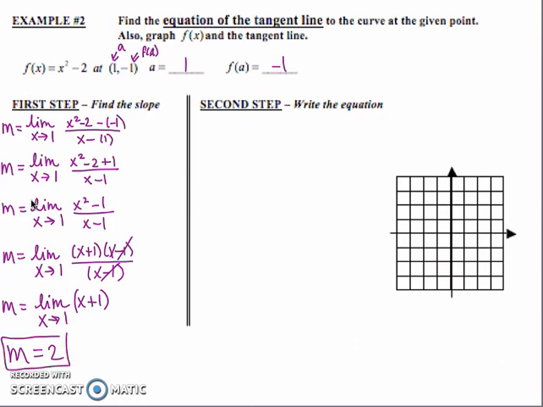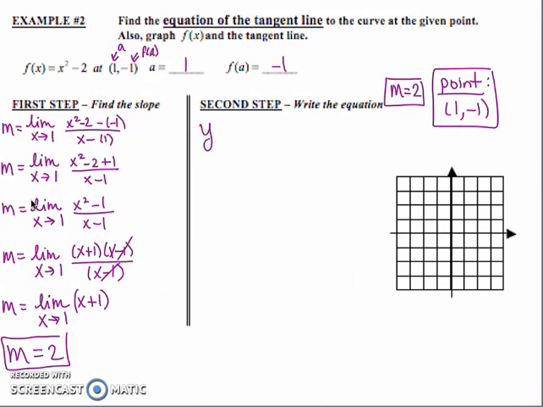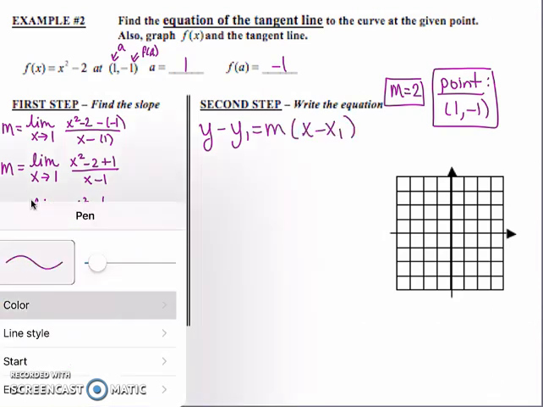Now that we know the slope, the next step is to write the equation of our tangent line. So remember, to write the equation of a line, you need to know the slope and you need to know the point, which is (1, -1). So we have the information that we need to write our equation: y minus y1 equals m times x minus x1. Once again, we're going to plug those three key numbers in here.